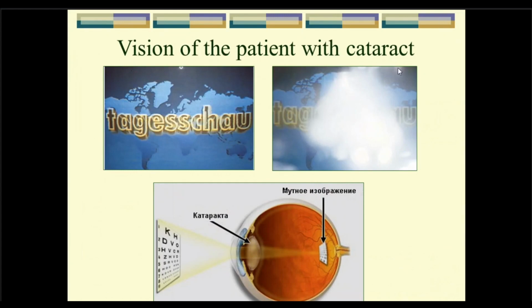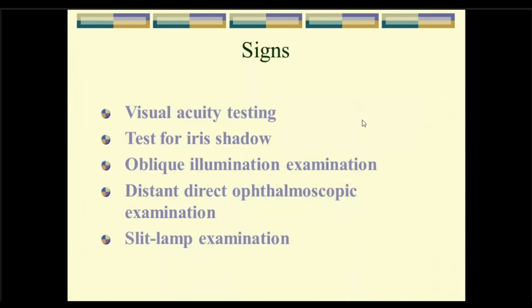And cataract may be caused by different pathological agents like radiation, X-ray for example, microwaves. Cataract may also be caused by different medicines like steroids, for example, different miotics, eye drops, and some other medicines.